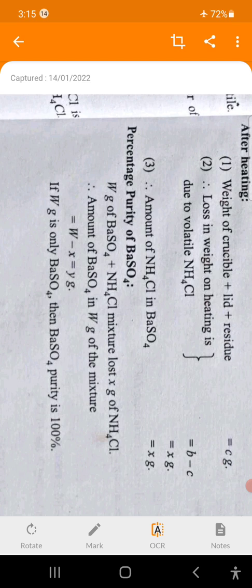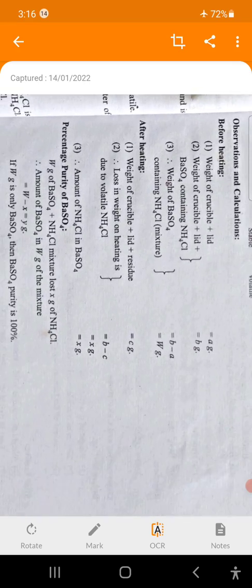Then the amount of BaSO4 in the W gram mixture is W minus X. X is the loss in weight, which is nothing but the volatile component NH4Cl. Therefore W minus X is nothing but Y, which is the BaSO4 present in that mixture, the weight of the stable component.